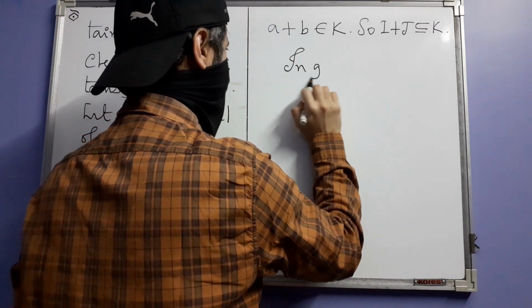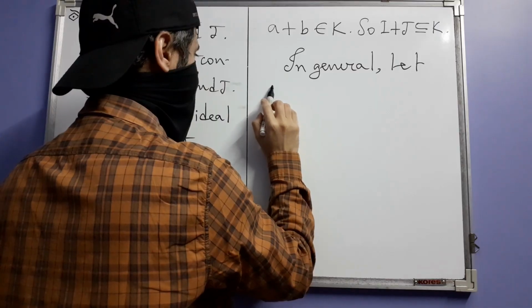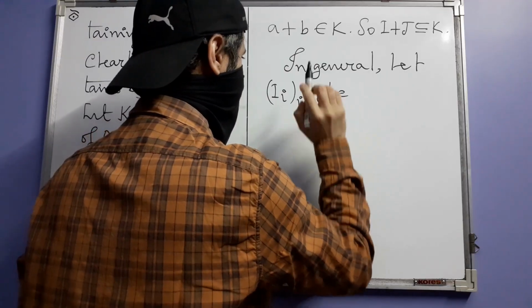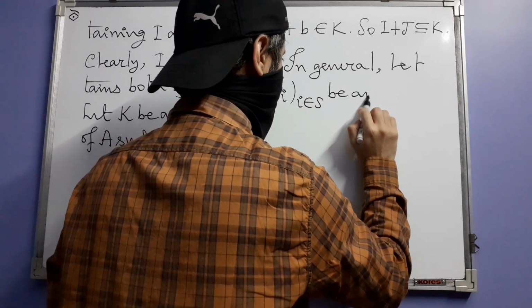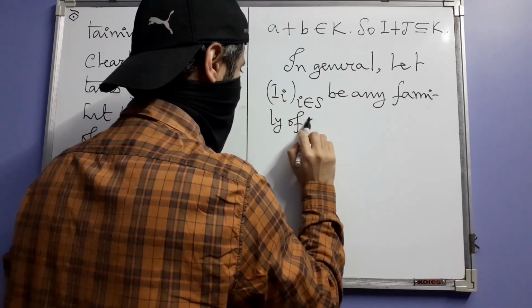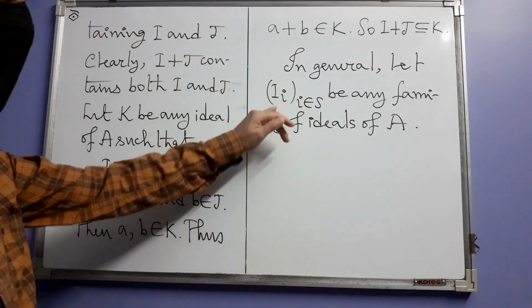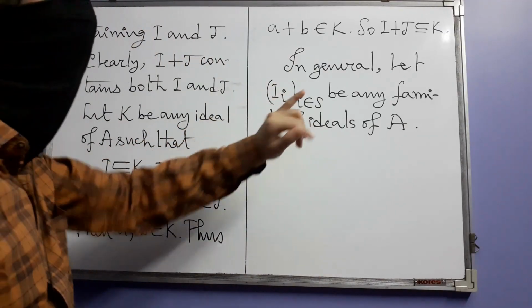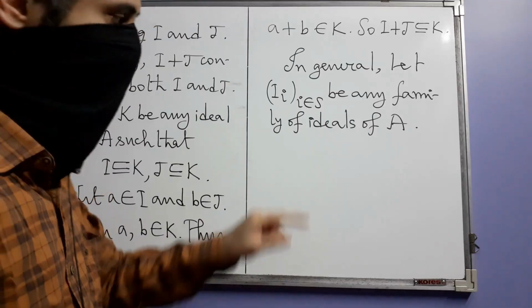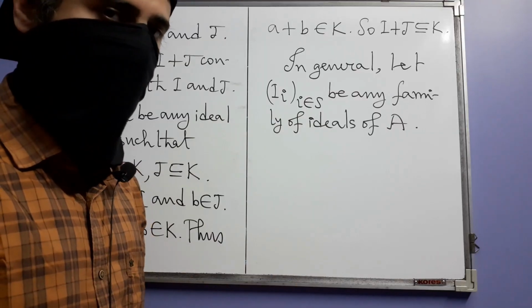In general, let I_i, i in S, be any family of ideals of A, where you can understand that this is an indexed family of ideals of A, where for each i belonging to this indexed set S, I_i is an ideal of A. Now this family may be infinite, okay, that's not a problem.